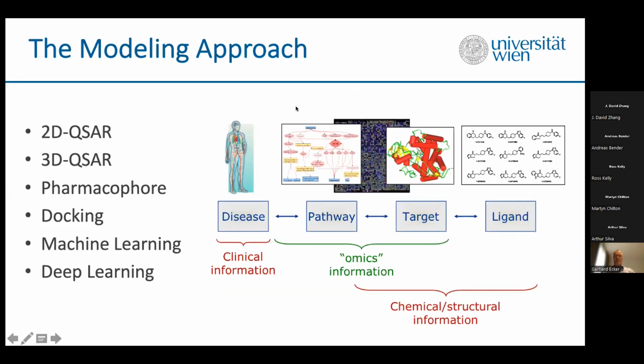The other possibility is the machine learning-based approach: you have a set of actives and inactives, you directly try to build a model, and you get predictivity with respect to an effect or toxicity.